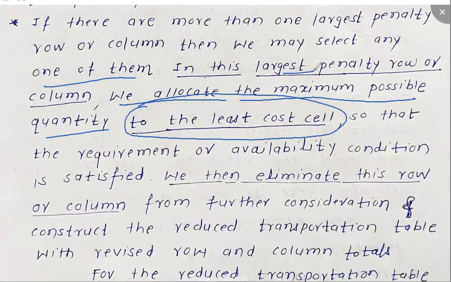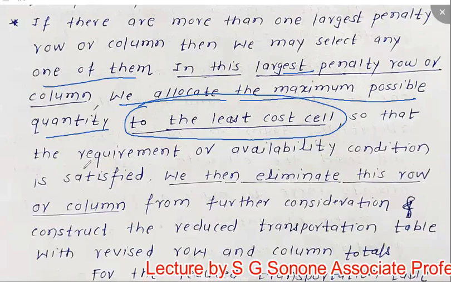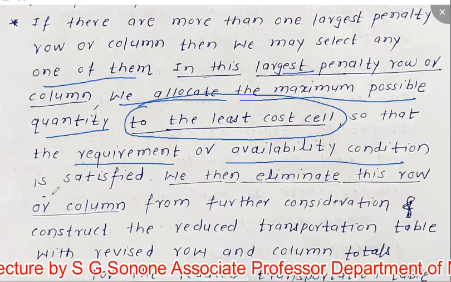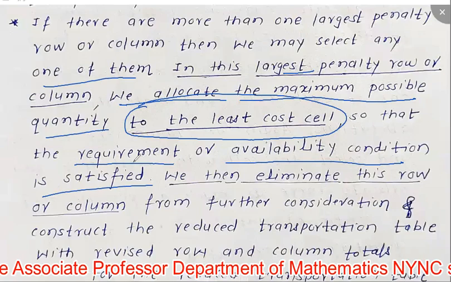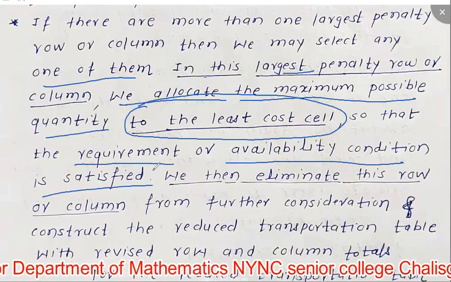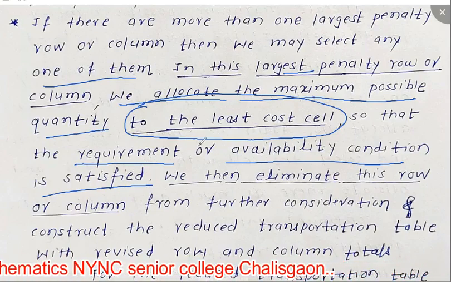In that row or column, we select the cell with the least cost and allocate the maximum possible quantity so that the requirement or availability condition is satisfied. When we make an allotment, either the supply is exhausted or the requirement is satisfied.